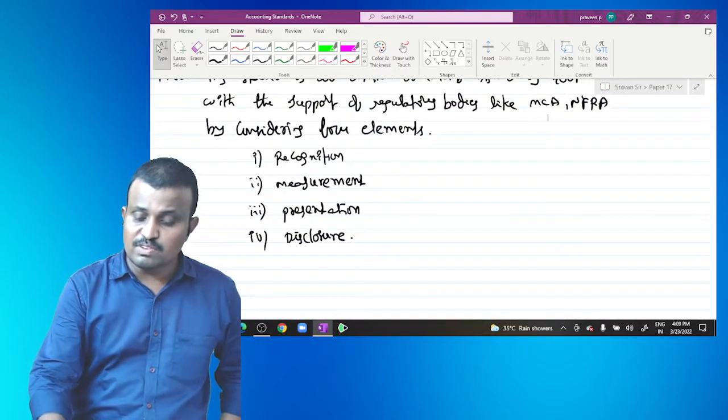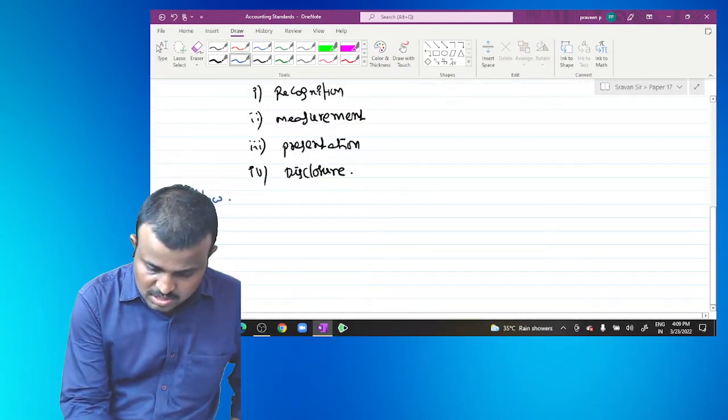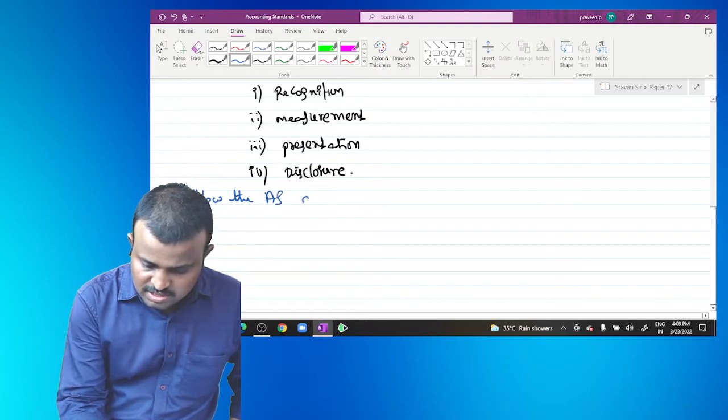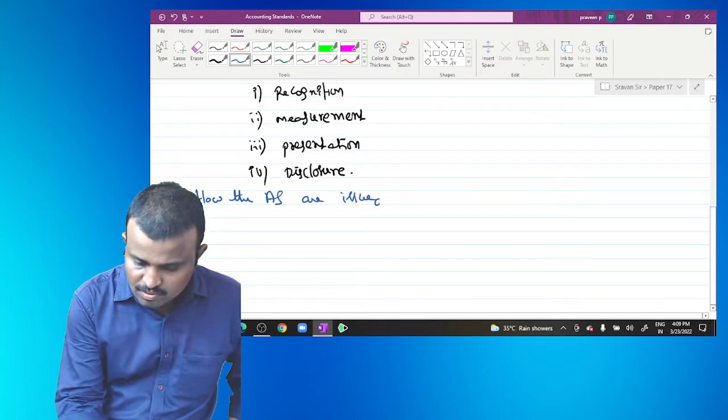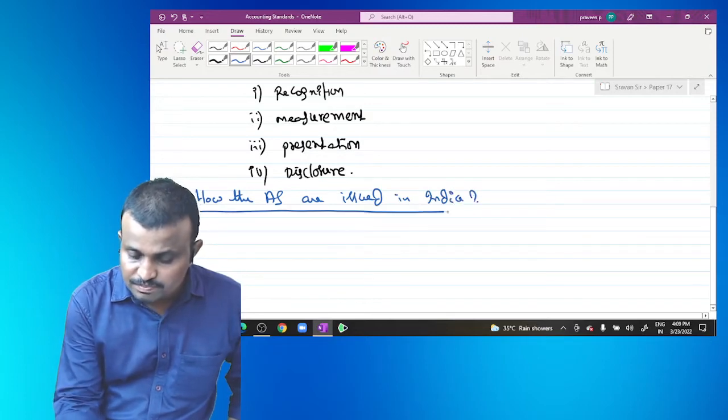Then coming to the next one: how the accounting standards are issued in India.